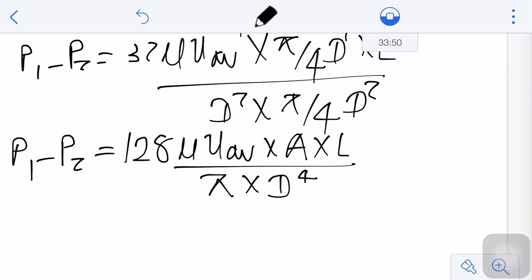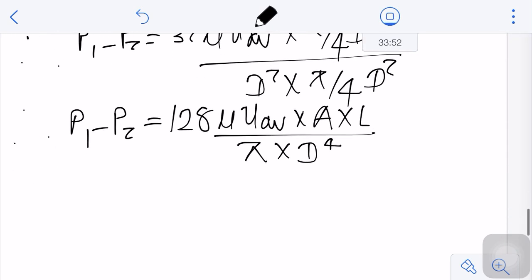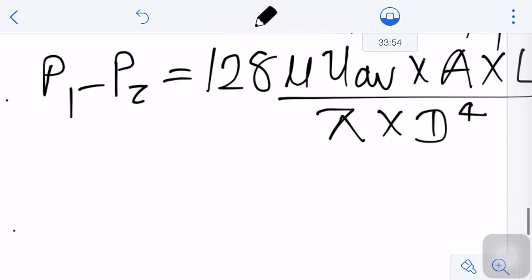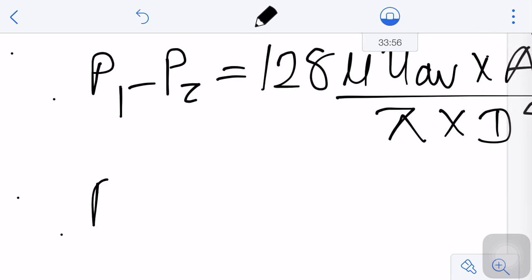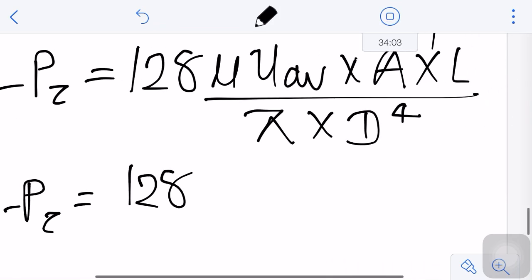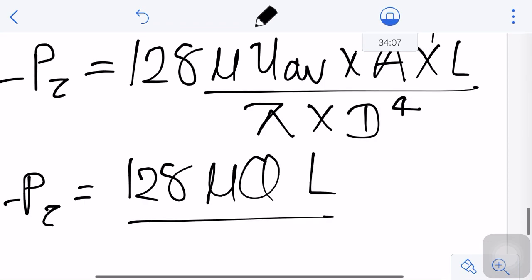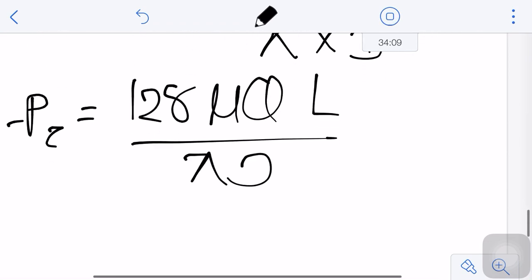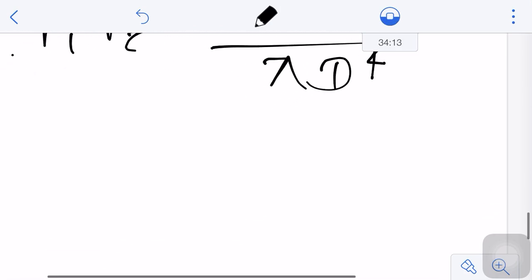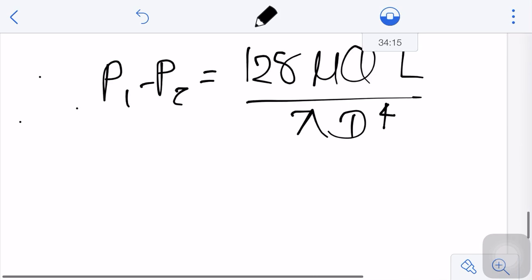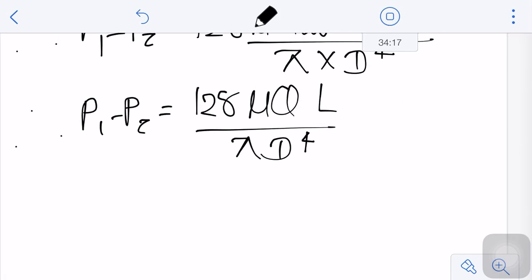Now this area and U average velocity, we can write as a discharge. So P1 minus P2 is equals to 128 mu into Q into L divided by pi into d raised to 4.